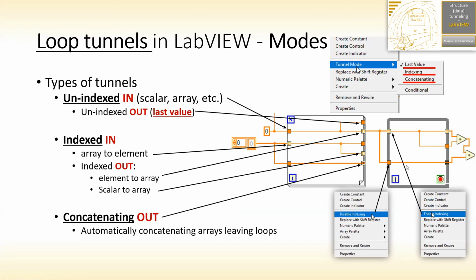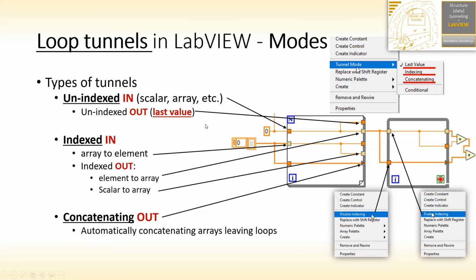When you don't want that, and you want to use the whole array inside the loop, you just pass it directly. You right click here and disable indexing. The whole array will pass through the loop. This is called disabling the indexing.